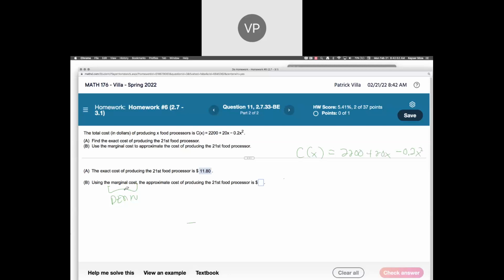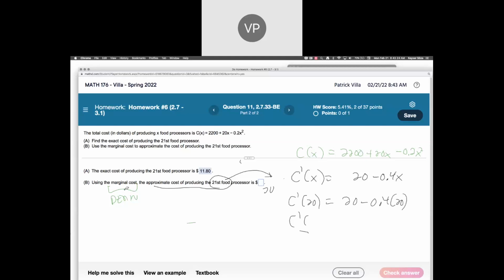So the derivative of the cost function will give you the marginal cost function right here. That becomes nothing. We have a 20 minus 0.4x.